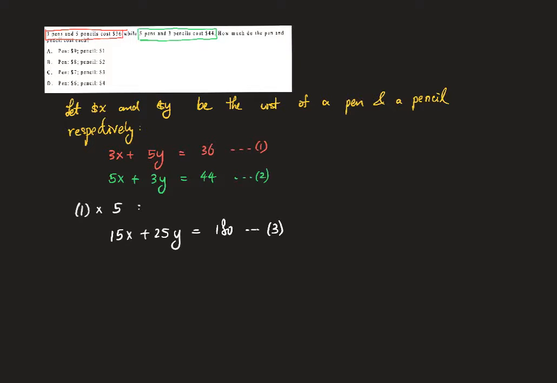I call it the third equation, and the second equation by 3. I call it the fourth equation, and at this point, both the coefficients of x are equal to 15. We can subtract 4 from 3.